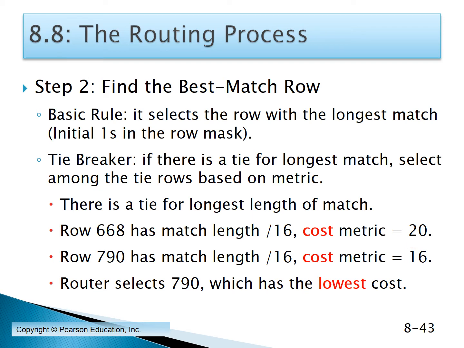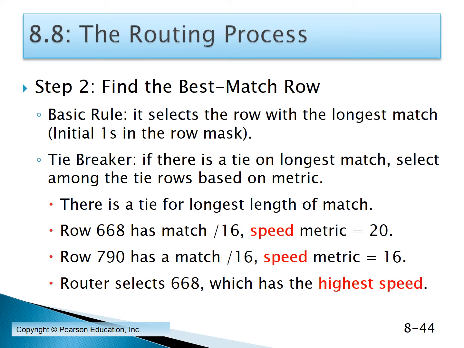Row 790 has a match length also of 16, but the cost metric is 16. So we would like to select the row with a lower cost. So in this case you select row 790 because it has the lowest cost. Then you have to look at how the metric is used. Sometimes it's not about cost. I will look at it in the next example.